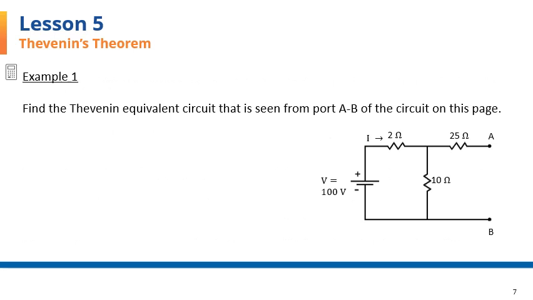In this example, we are asked to find the Thevenin equivalent of this circuit that can replace it at terminal AB. To find the V sub Th, or Thevenin equivalent voltage, we need to calculate the open circuit voltage between points A and B. To do this, all we have to do is to find the voltage across the 10 ohm resistor.